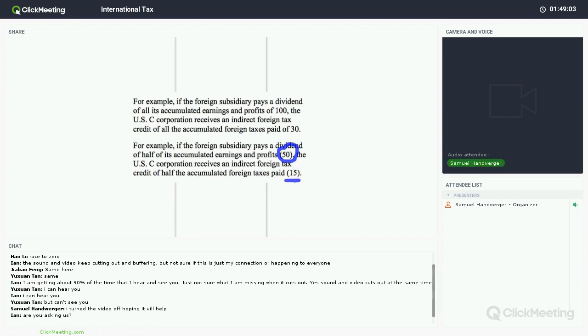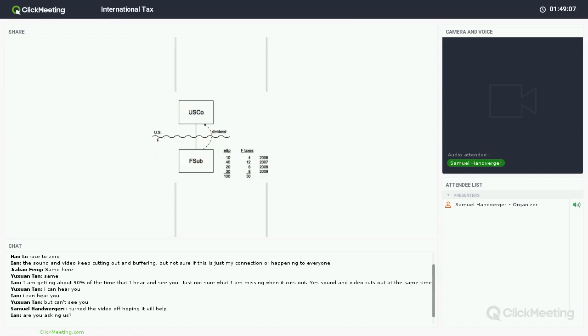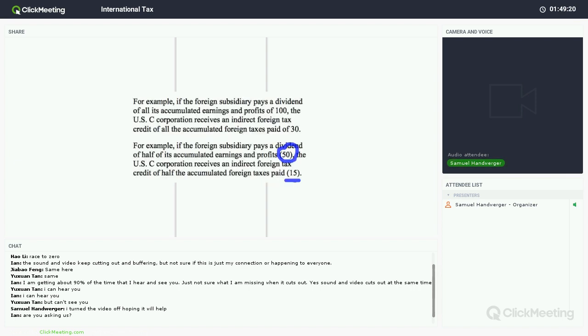It'll be considered a foreign tax credit. It's called indirect because it wasn't paid on the money as it was earned, and it wasn't even paid on the dividend, but it certainly affected the amount of dividends that could be paid out, because it reduced the amount of dividends that could come out of the company.